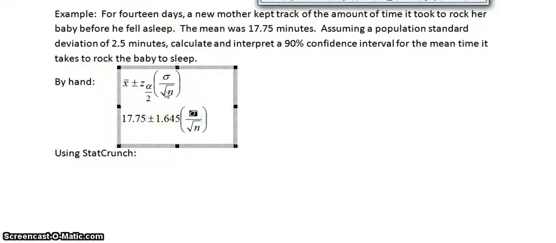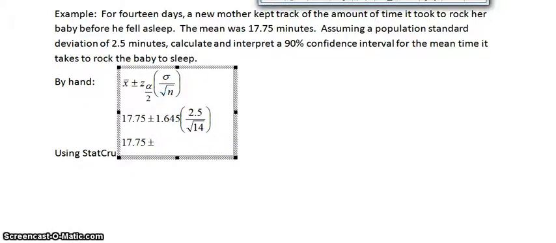That was just one of those given things that we use whenever we have a z interval. Go back and look at the PowerPoint, you'll see those values again. Sigma in this problem is 2.5, and n is 14. So that gives us 17.75 plus or minus.